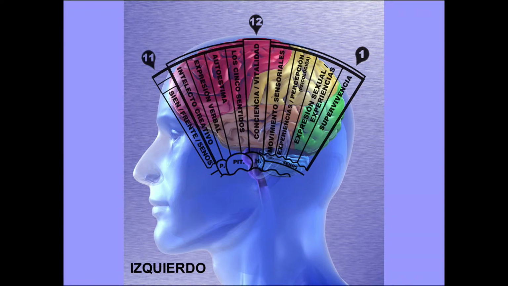If we go all the way to the right, in the green, the verde area, where it's supervivencia, you can see that that is survival, and that's the brain stem. That's the back end region of the pons and the medulla of the brain, and that's survival. So this is how the array actually lays out. And I would like to point out that at the very top is consciousness and vitality.